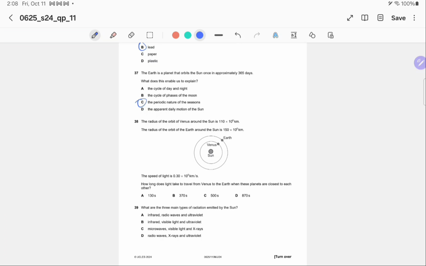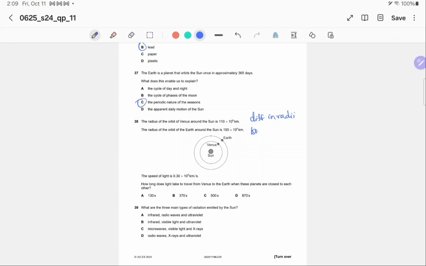Venus and Earth are closest when there is only a difference in their radii. So we will take the distance by the difference in radii, between Venus and the Earth.